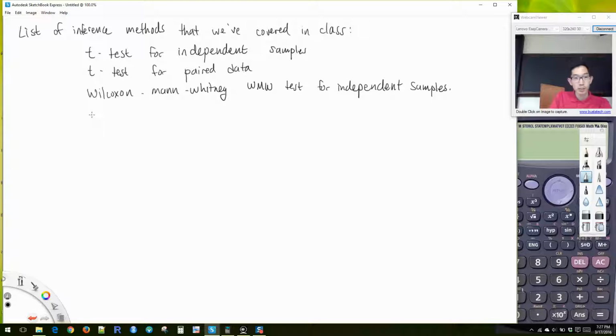The chi-squared goodness of fit test. The chi-squared test for independence.